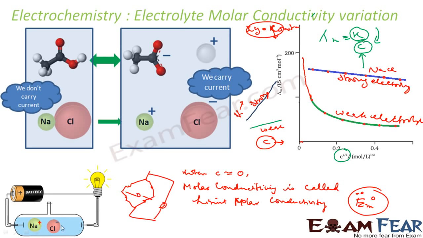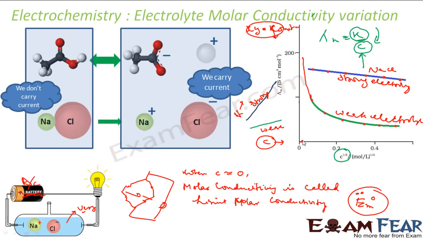Now, if I am making it a very, very dilute solution, almost zero, then this whole electrolyte won't even conduct electricity. It will conduct at a very, very small level, right? The bulb will glow at a very, very minor level.